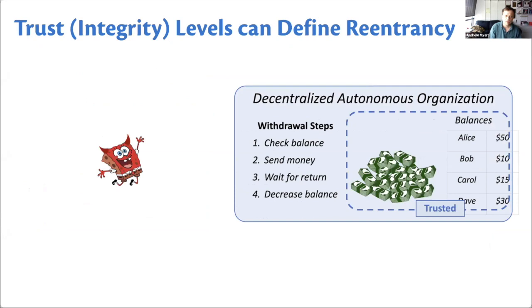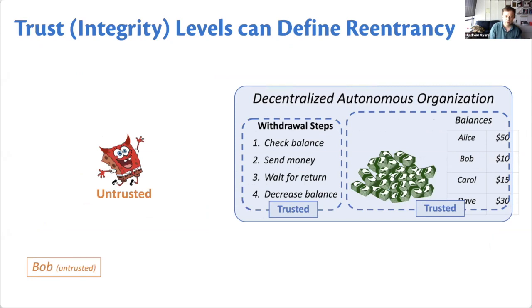Okay, so what's going on here from the perspective of information flow? We have some trusted balances, which I showed you in the code. And then we had a bunch of code running inside a method that really needed to be a trusted method in order to do those operations where it was updating the balances. So what's happening from the perspective of information flow is that Bob is an untrusted source of information.